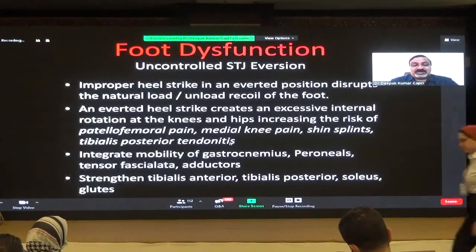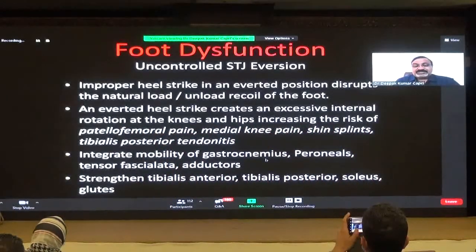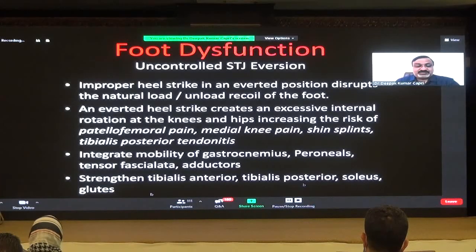What is the treatment for that? Make sure you give strengthening exercise and stretching exercise to the gastrocnemius, peroneal muscles, and tensor fascia lata muscle. Stretching exercise. And you must give strengthening exercise to the tibialis anterior, tibialis posterior, and the soleus plus the gluteus medius and the maximus.